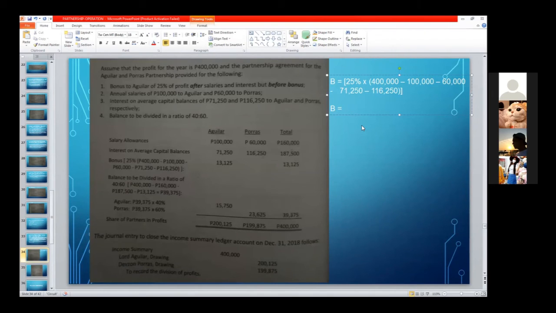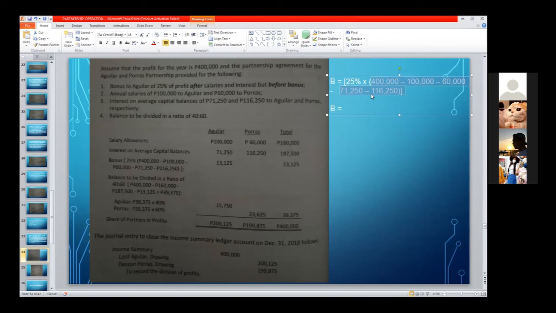Okay, so ang gagawin nyo, i-minus nyo muna tong mga to. So kaya 400 minus 100 minus 60 minus 71,250 minus 116,250. Magkano ang lalabas doon? 52,500.